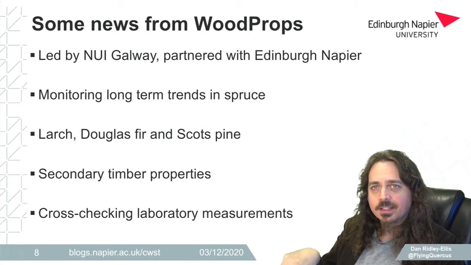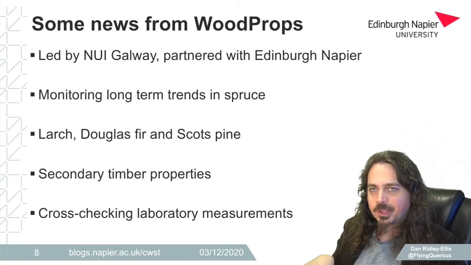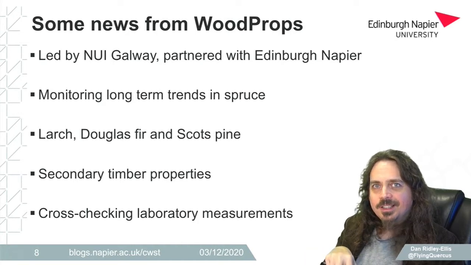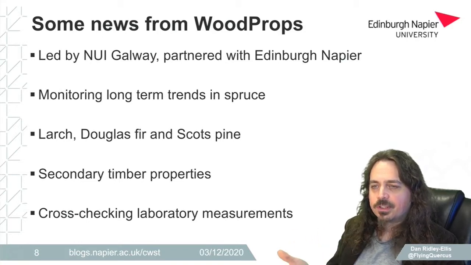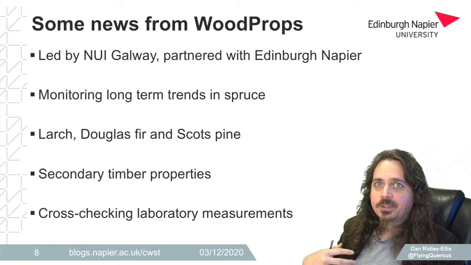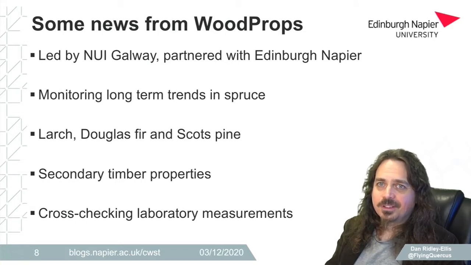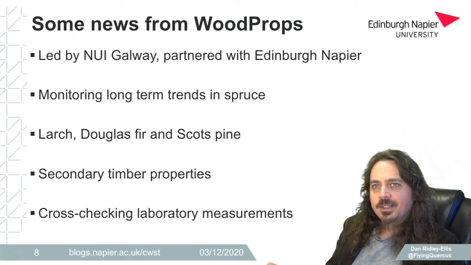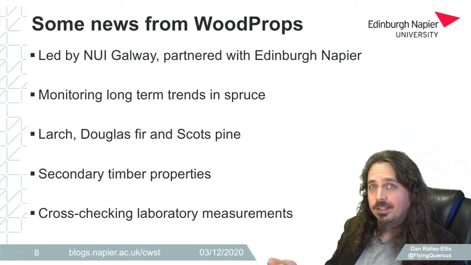Another thing that we've been doing is cross-checking our laboratory measurements. We've always worried, particularly for stiffness, which is hard to measure, that we were measuring it a bit lower than it really was, but by cross-checking across the laboratories, we were able to confirm that we both are in agreement in the properties and the stiffness values that we measure, which is reassuring. Good check. But one thing that we found with that project is that some of the adjustment equations, including some of the ones that are used in the standards and in grading settings work, might be laboratory specific.